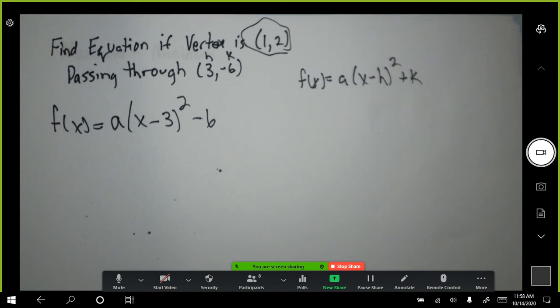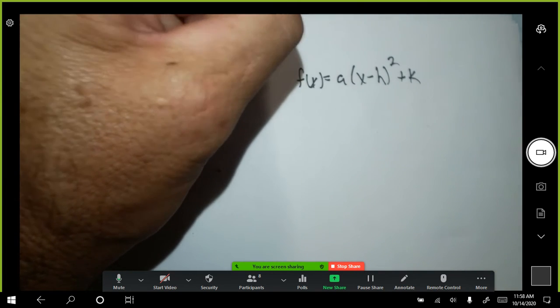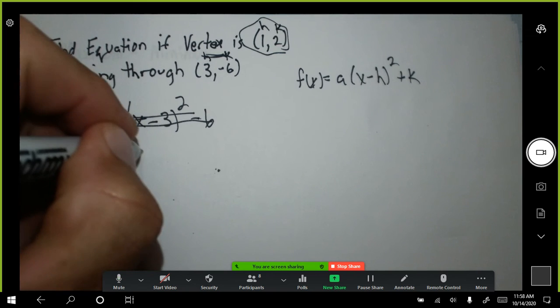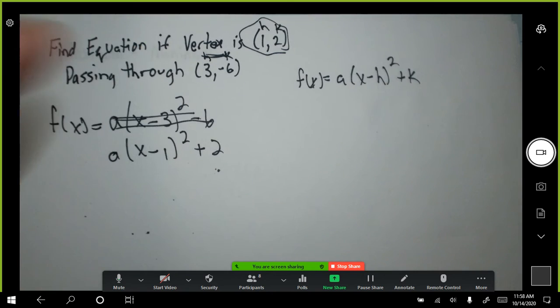Okay? So I've got almost all the equation written of the parabola that has a vertex of, oh, I'm sorry, I did it backwards. This is the h and the k up here. This is the vertex. So let's scratch that. It's going to be a(x minus 1) squared plus 2. The vertex is the h and the k.